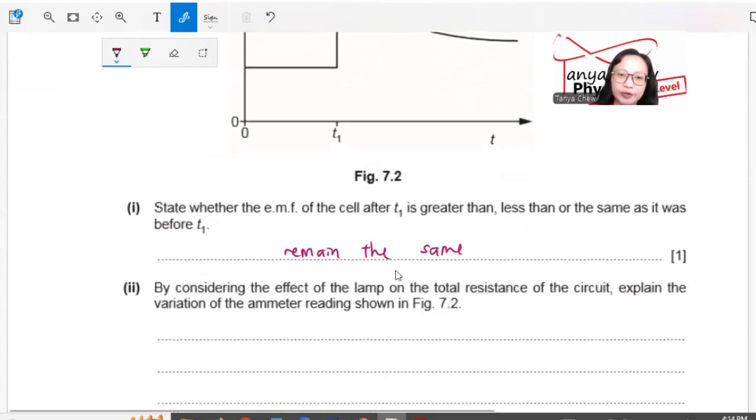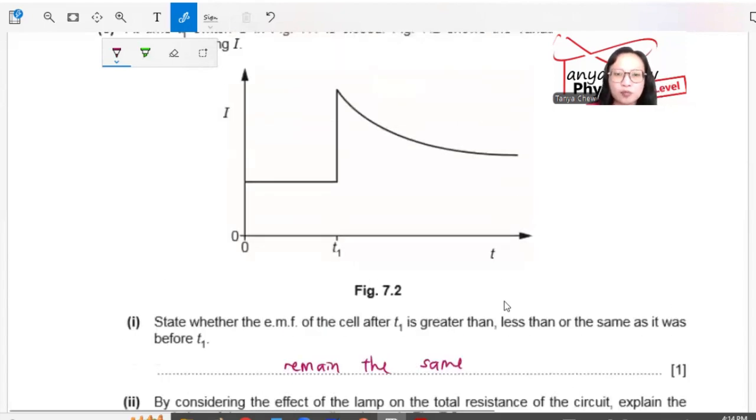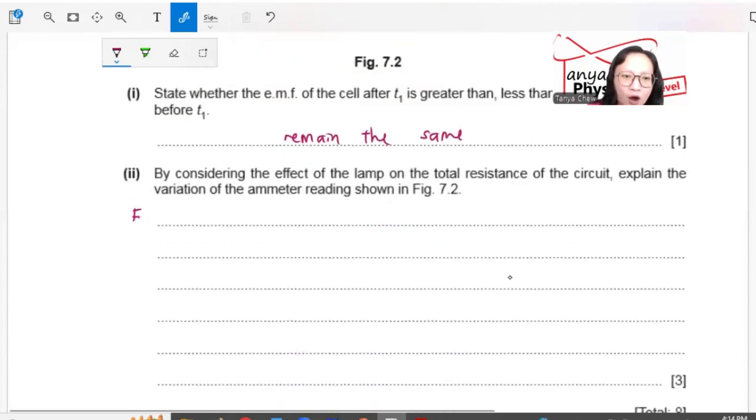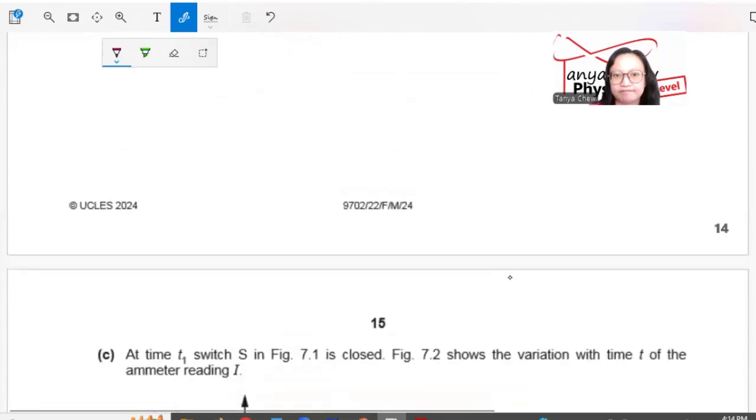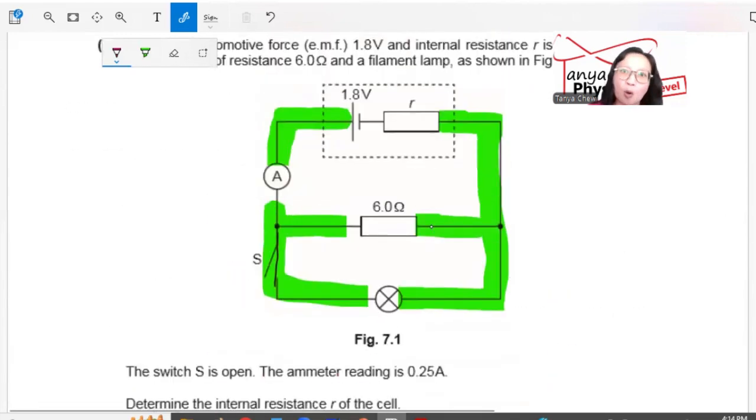Second part, by considering the effect of the lamp on the total resistance of the circuit, explain the variation of the ammeter reading shown in Fig 7.2. So I would say from 0 second to T1, the total resistance is related to 6 ohm only.